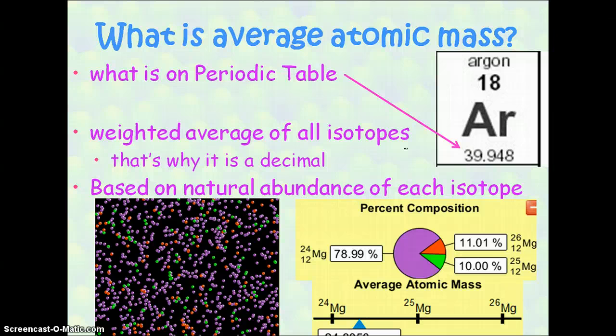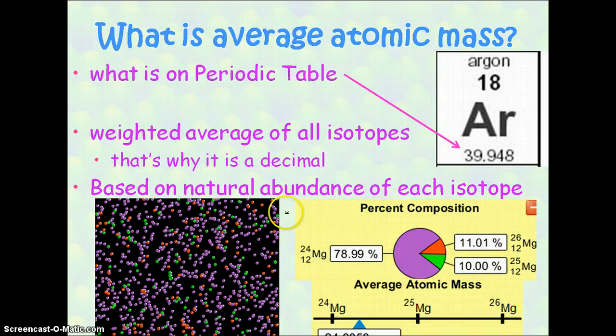So in nature, if you were looking at a specific element, you would expect to see different amounts of each of the isotopes. So down here you see you have magnesium. Magnesium has 3 common isotopes, magnesium 24, 26, and 25. But you would see them all in different abundances or different percentages.